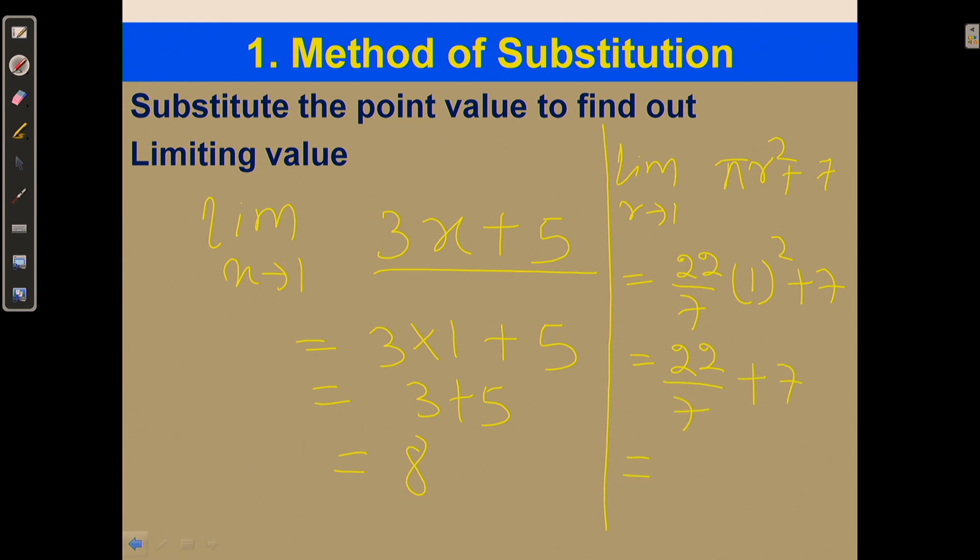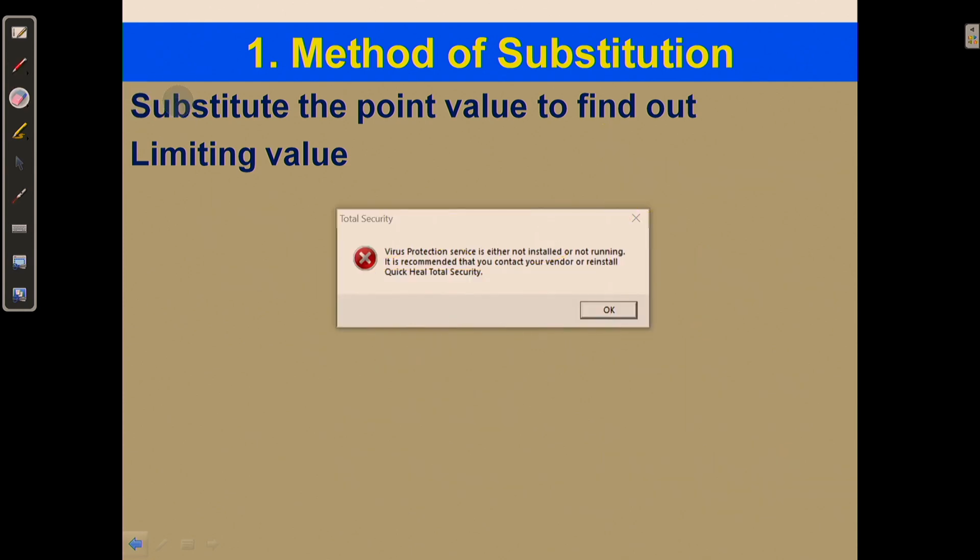Then 22 plus 49 by 7, the result is 71 divided by 7. This is the way of finding the limiting value.